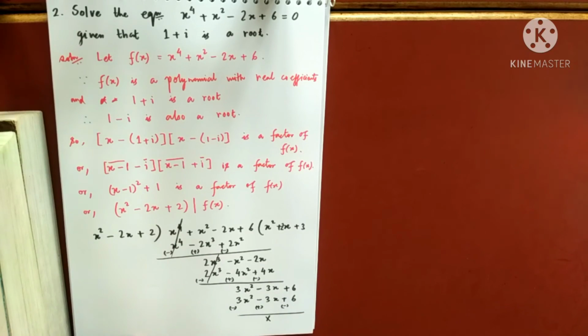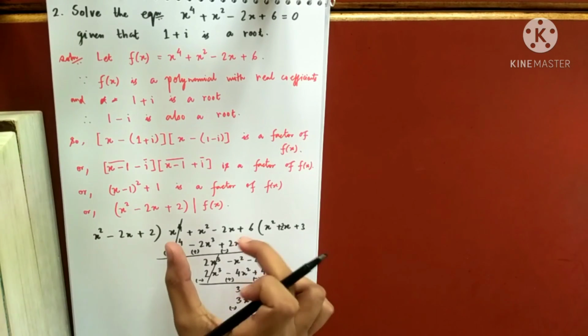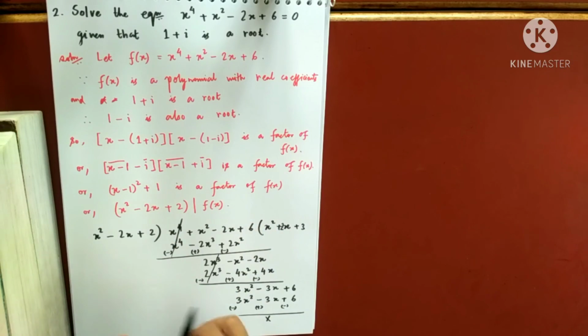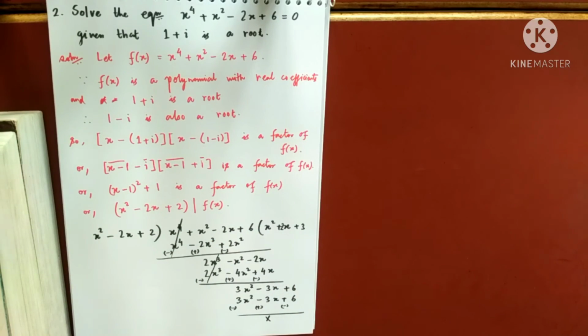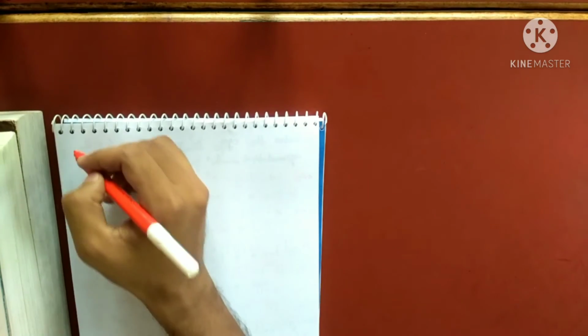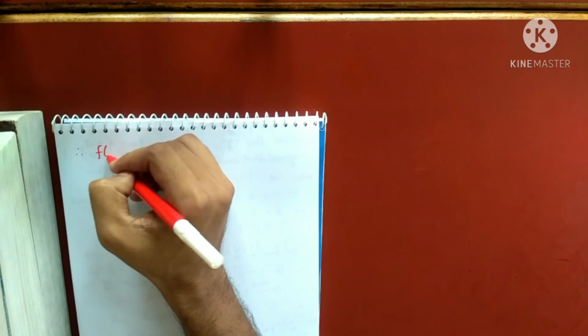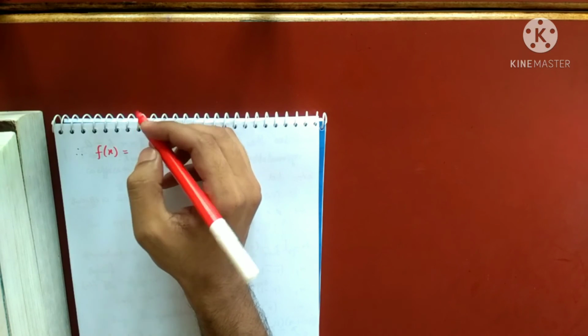is getting cancelled. So my f(x) can be written as this times this. Let me quickly write that. Therefore, f(x) can be written as, what was my divisor?